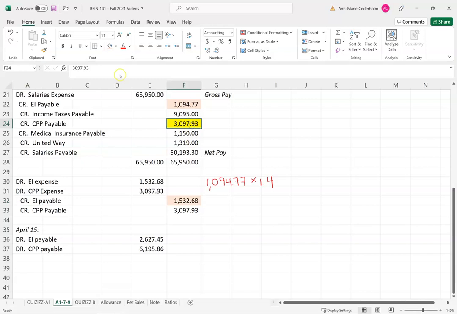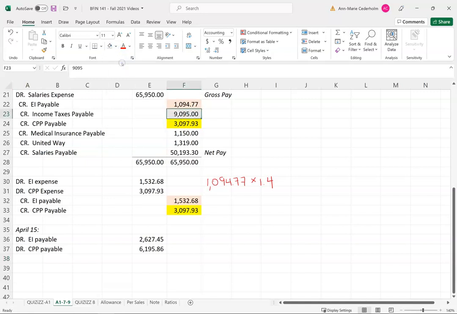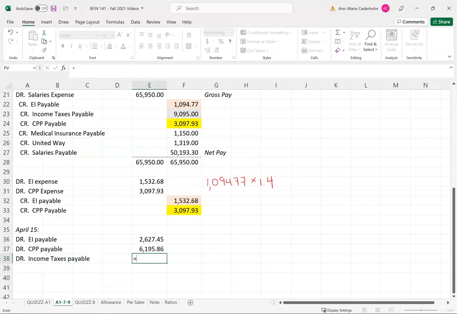So the 3097.93 and this 3097.93 and the taxes. So this is the tax payable. So by debiting the payable account, I'm clearing that out to 0.